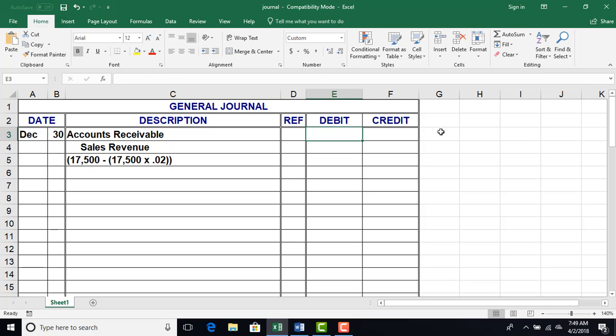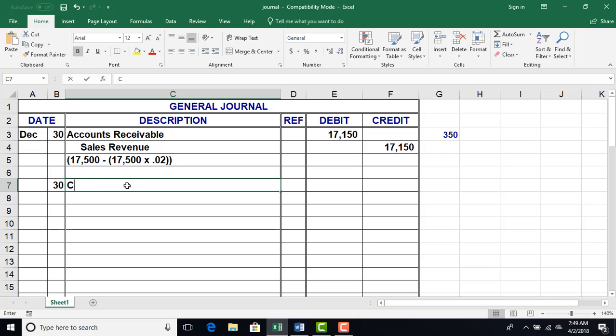Let me figure out what that is over here. 17,500 times 0.02 gives me $350. That means these amounts will be recorded for 17,500 minus that $350. That tells me I'll record this debit and this credit both for $17,150.